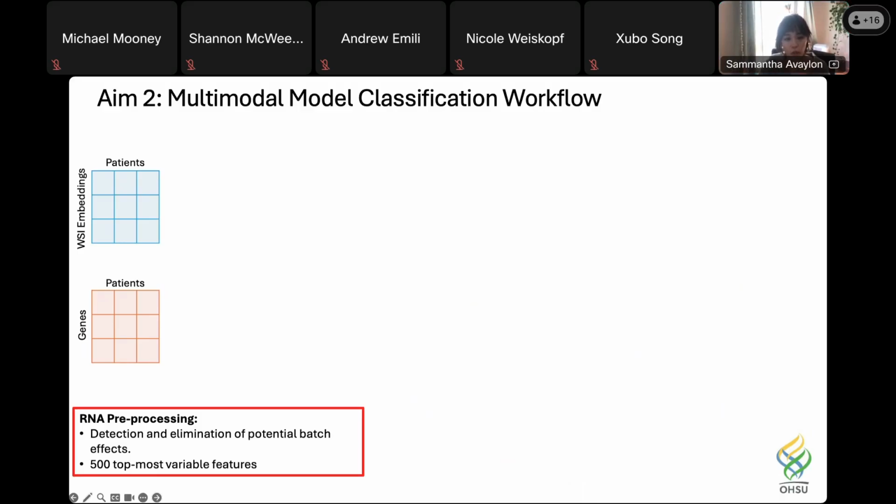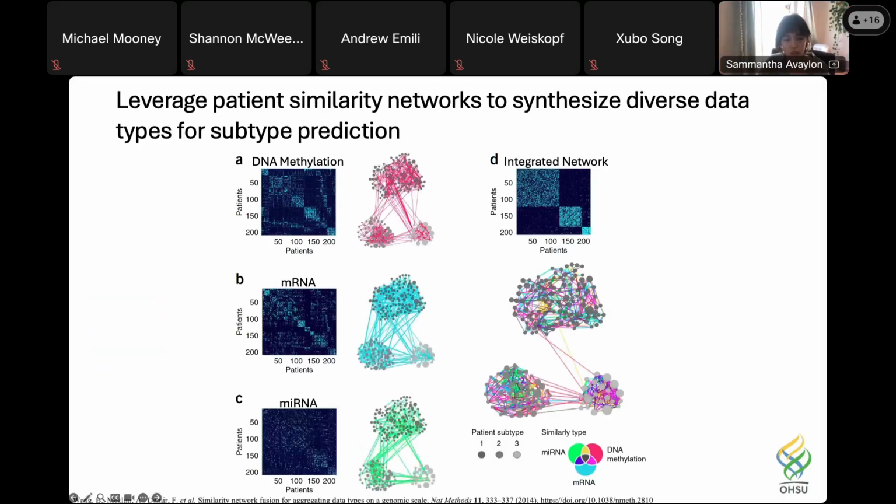And so now that we have both our data types, this then leads us to the question of how can we integrate these two data types. And so patient similarity networks offer a promising and interpretable tool for synthesizing different data types for both molecular subtype classification as well as feature refinement.